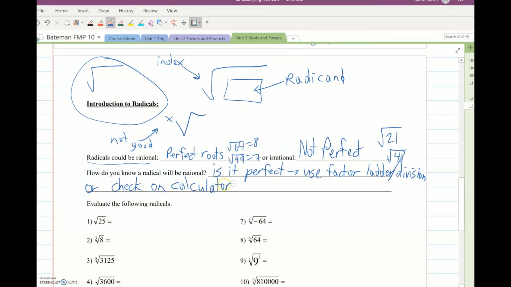If I say prove it, you're doing the old factor ladder division.